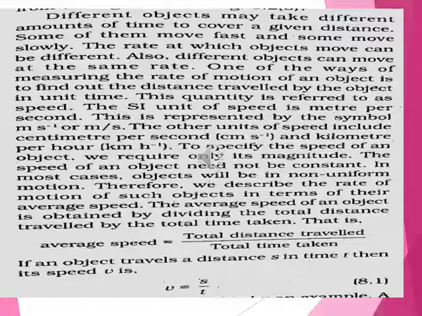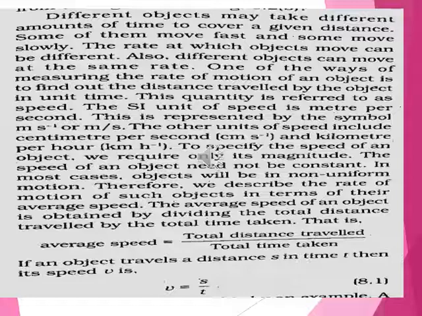The average speed of an object is obtained by dividing the total distance traveled by the total time taken. That is, average speed is equal to total distance traveled divided by total time taken.